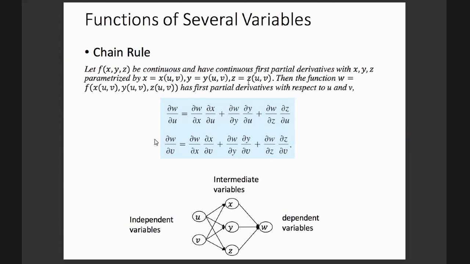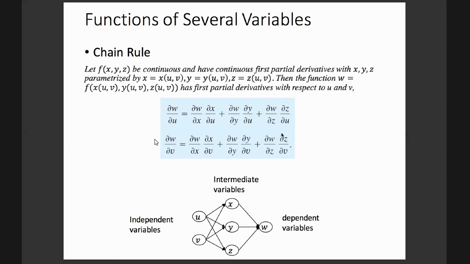So if we would like to calculate the partial derivatives with respect to u and v, we should first find out the relationship between w and x, and then x to u. So we should do it to all the intermediate variables one by one, and the equations are like that.